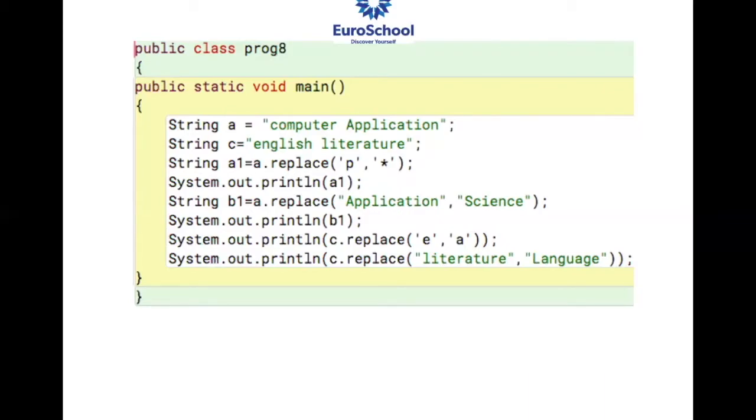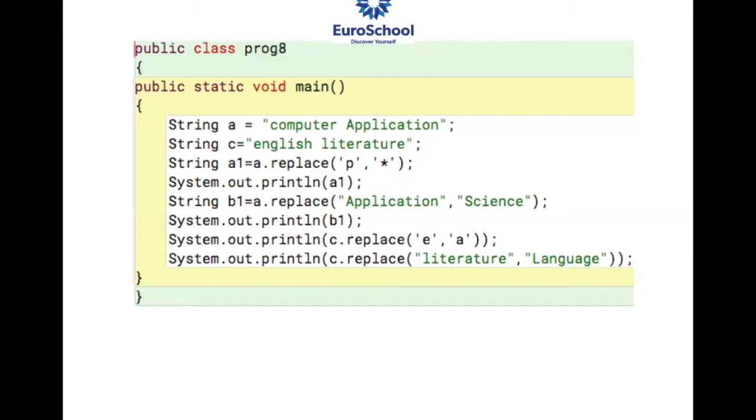You're supposed to replace every place where E is there with A. Can you give me the answer, Tanishka? Yes. So the output will be ANGLISH, blank space, LITARATURA. Perfect. Is it fine?